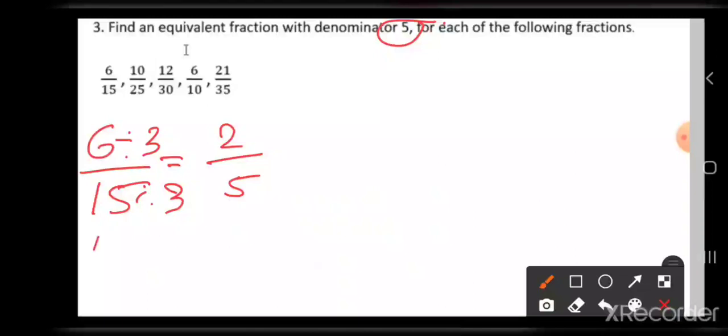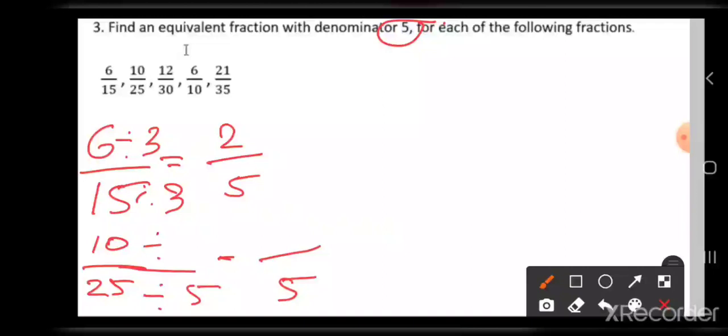Question number 2. 10 upon 25 is equal to dash upon 5. Divide by 5. 5 fives are 25. Divide by 5. 5 twos are 10.